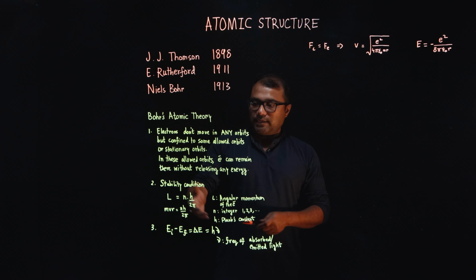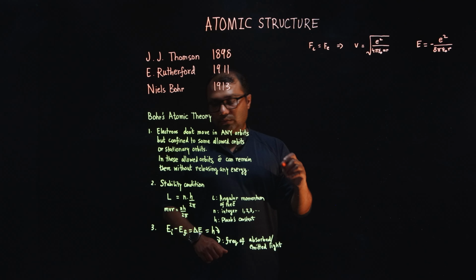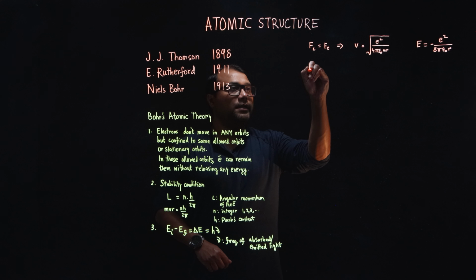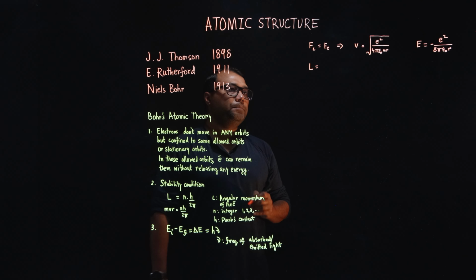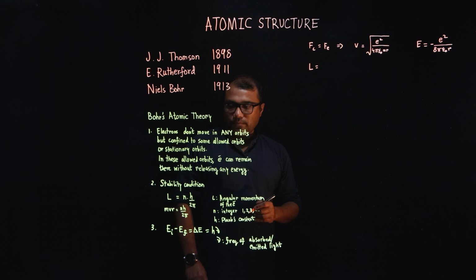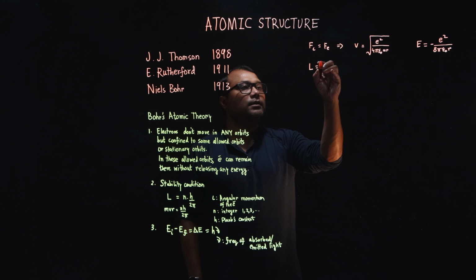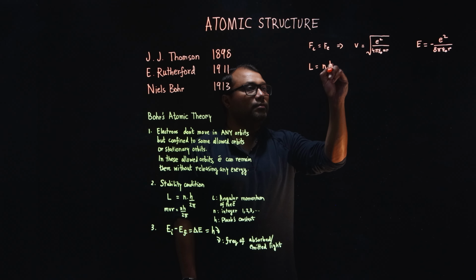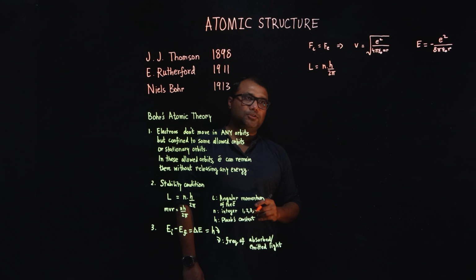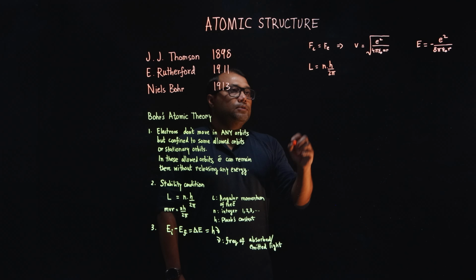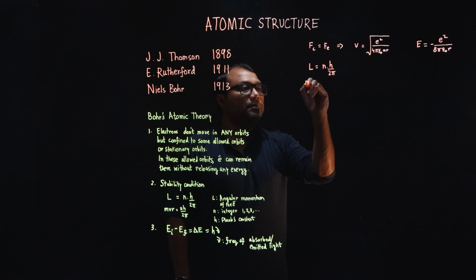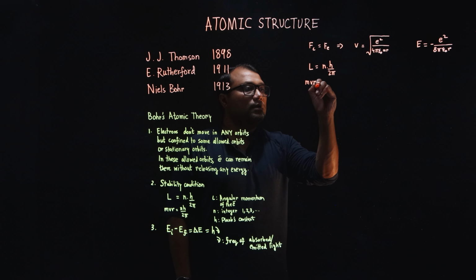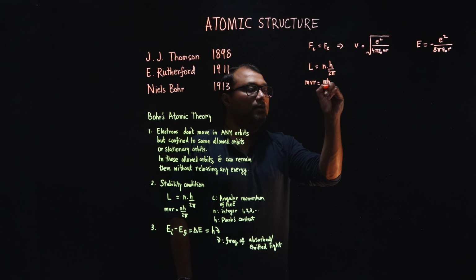Now let's apply the stability condition. So let me rewrite. The angular momentum of the allowed orbit is an integral multiple of h by 2 pi, where h is the Planck's constant. So then angular momentum mvr is nh by 2 pi.